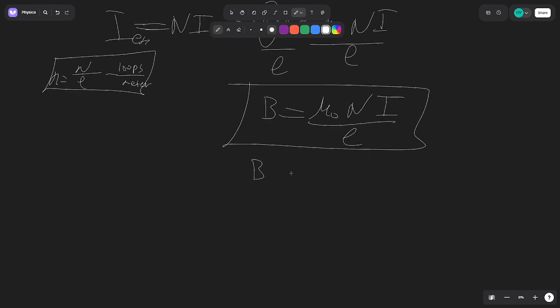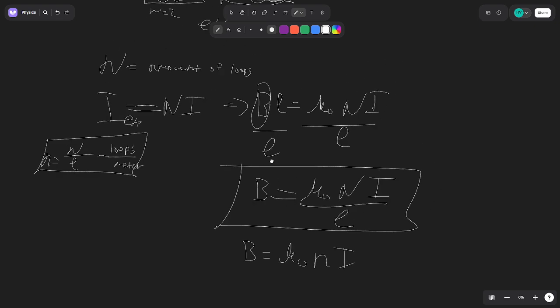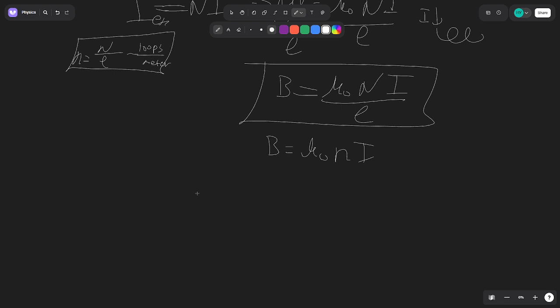And then the magnetic field equals this, and it works basically in solenoids. So the magnetic field is the permeability of free space times loops per meter times the current that passes through the loop. And this is basically all you need to know about Ampere's law.